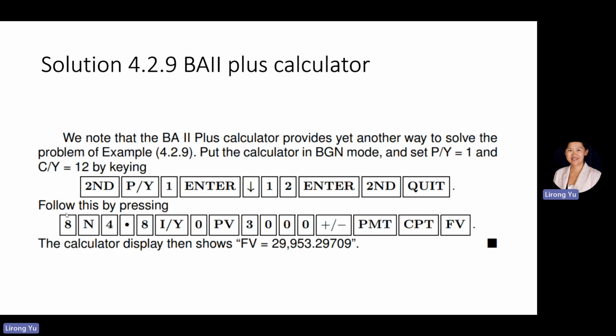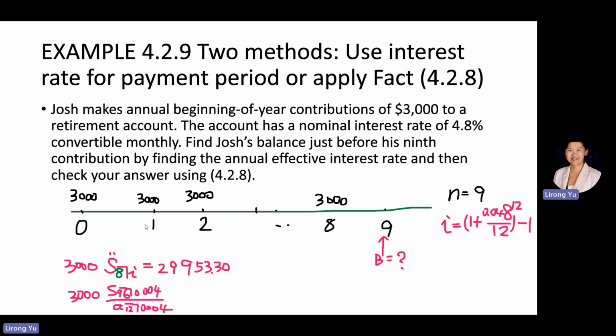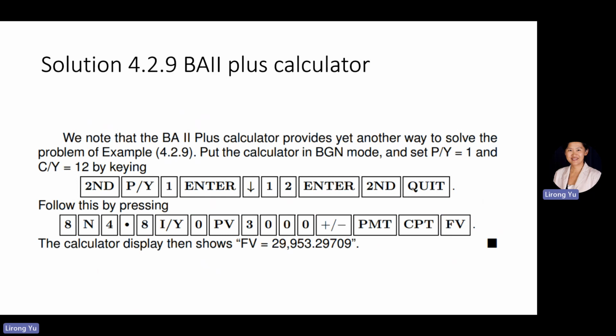And then we're keying in the rest of the information. You put N equal to 8, and then you put in the interest rate per year as 4.8 as per this question, 4.8 interest rate compounded monthly, and you put in a present value of 0. That is because we are trying to calculate future value.